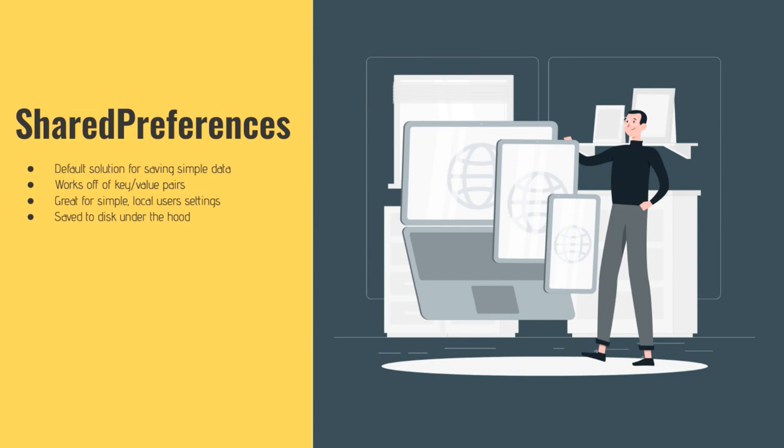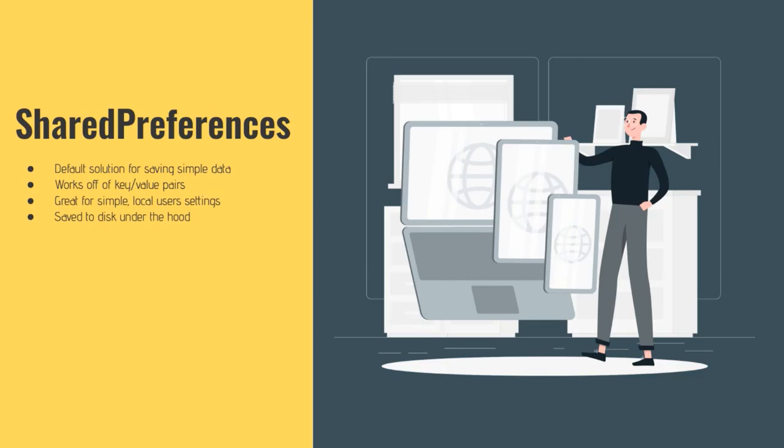So shared preferences is kind of the default solution on Android for saving simple data. And specifically, shared preferences work using key value pairs. So these are great for storing things like simple local user settings. So like in our demo this week, we're storing a display preference for whether to show Fahrenheit or Celsius. This is something that is not a lot of data.